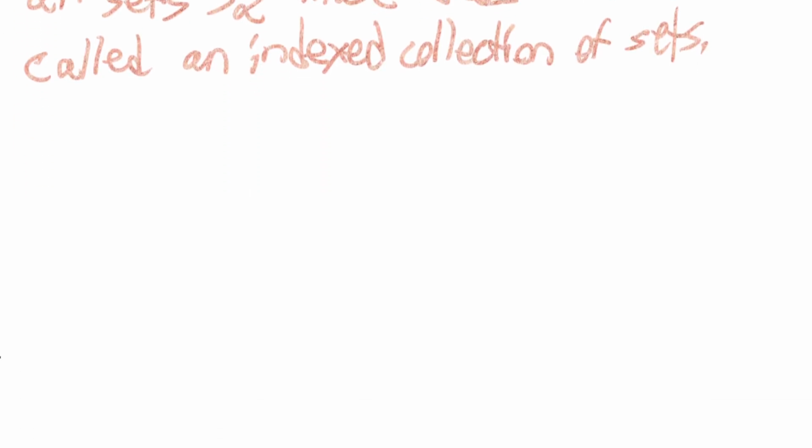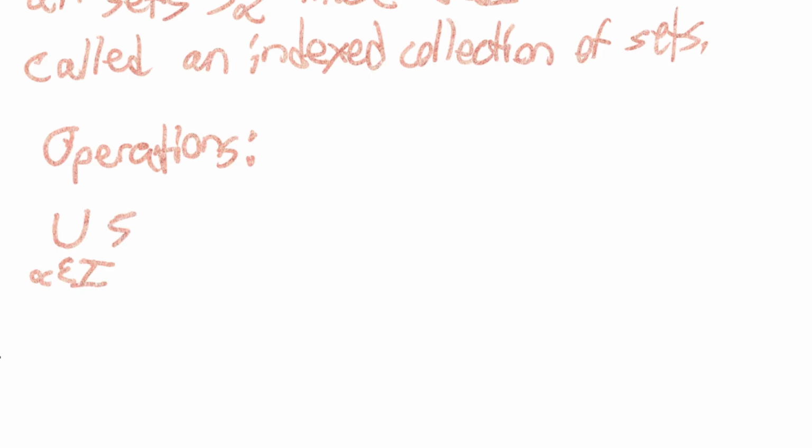So, some operations for these collections of indexed sets. Say we have the union, where alpha is an element of an index set, of S alpha.